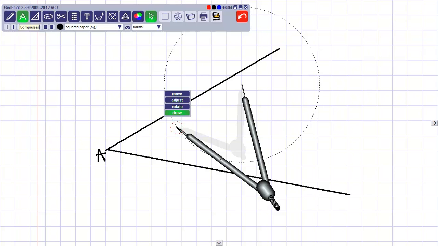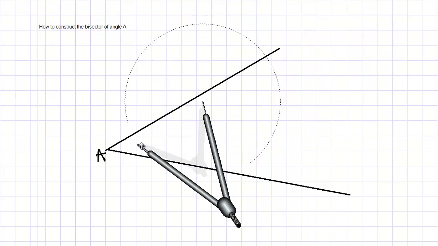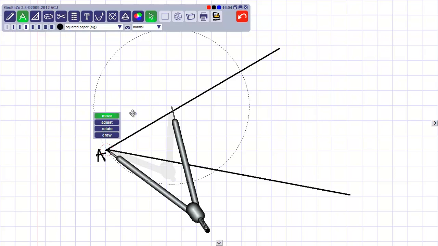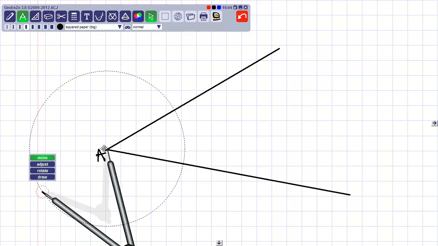My compass, and oops, I move it over here, and then I adjust it. And I haven't done this correctly, so I move that over here. And the point must be on the angle.